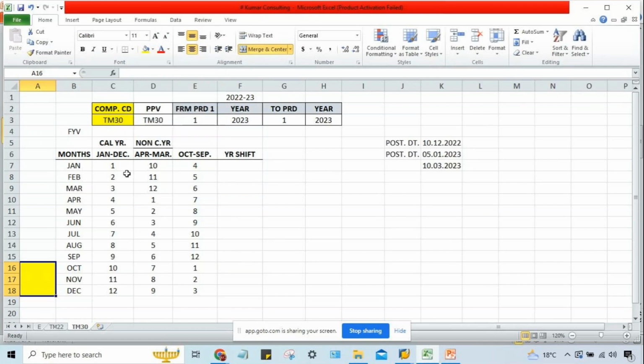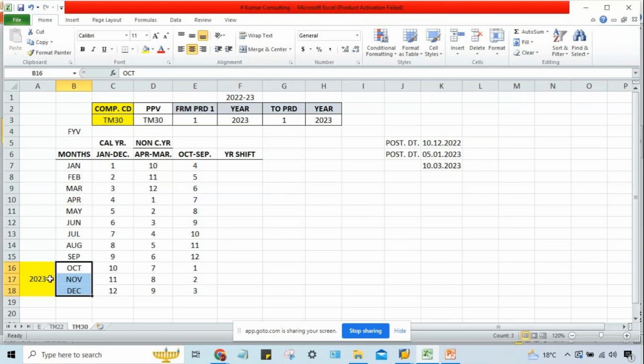Now they are saying that we have entered 2023, from October onwards.